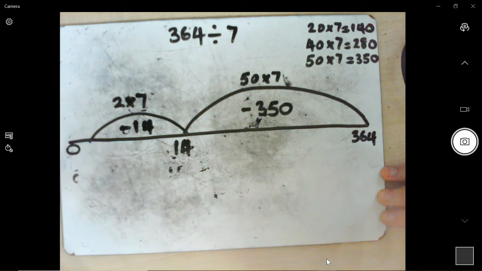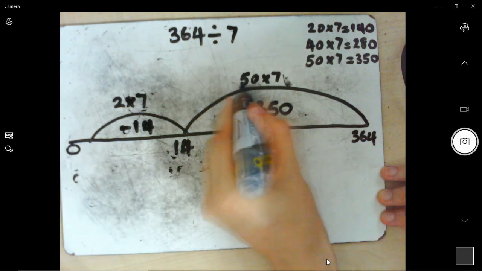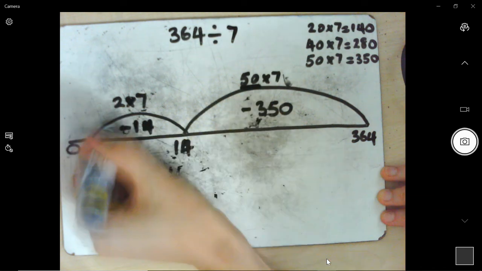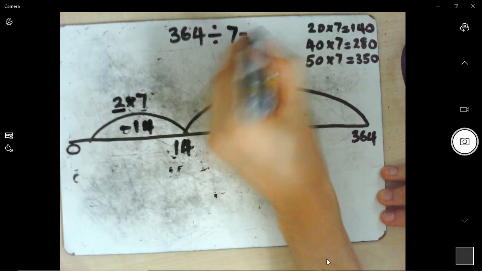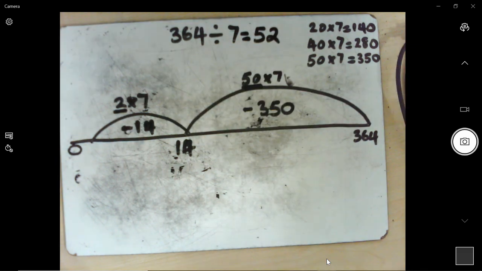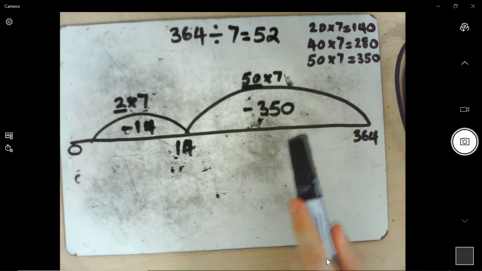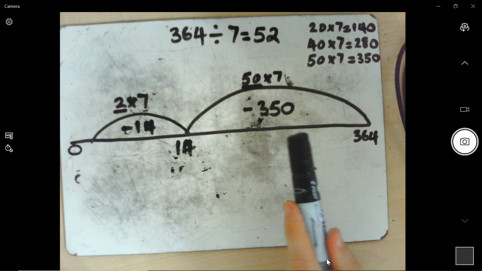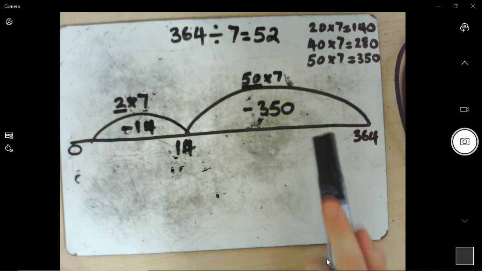So my answer is 50 groups and 2 groups equals 52. So your challenges today require you all to work out your calculations using a number line, just like this.